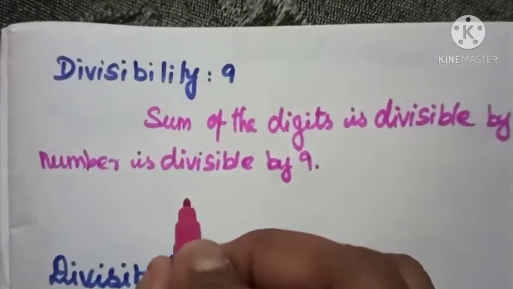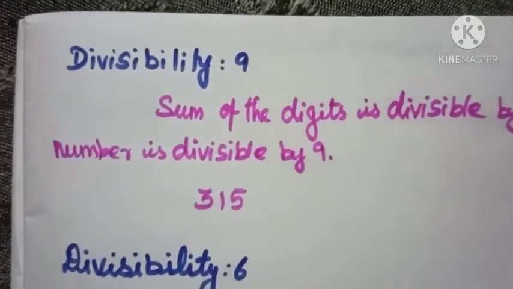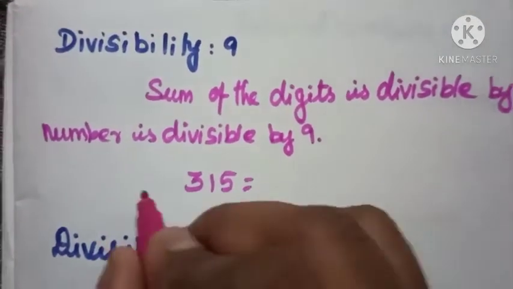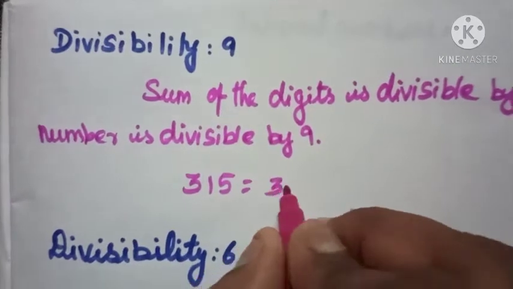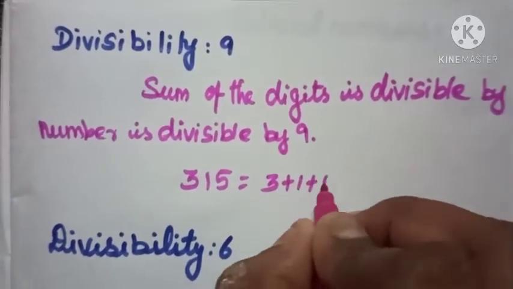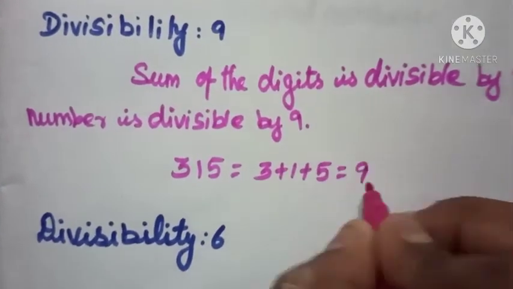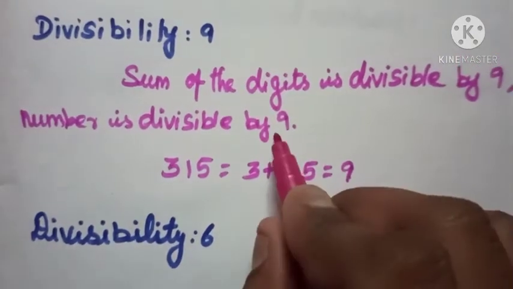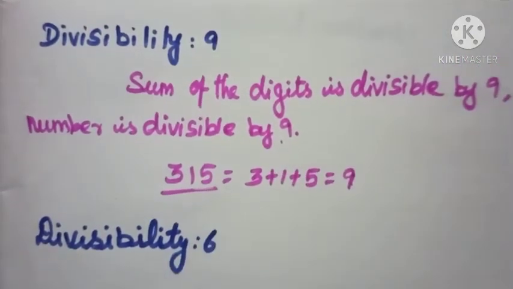For example, 315. Just add the digits. 3 plus 1 plus 5 is equal to 9. So 9 is divisible by 9, so 315 is also divisible by 9.